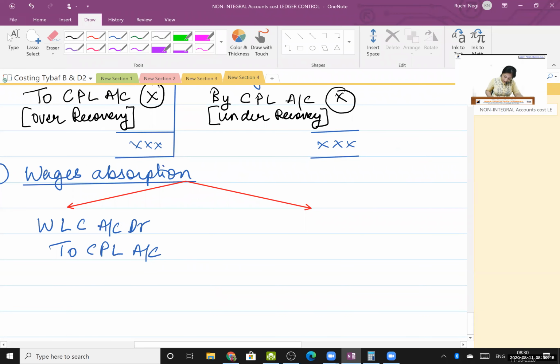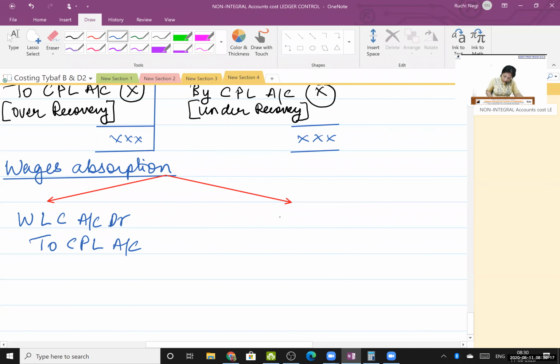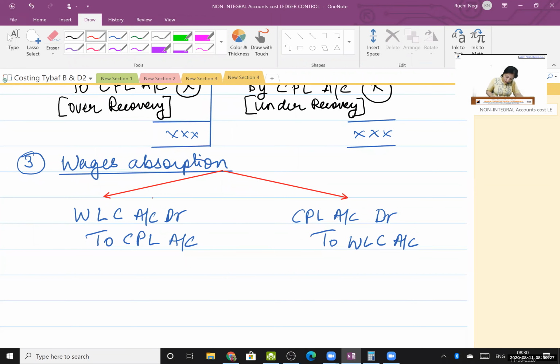And you write down CPL account debit to wage control. This is the over recovery entry, and this is under recovery.